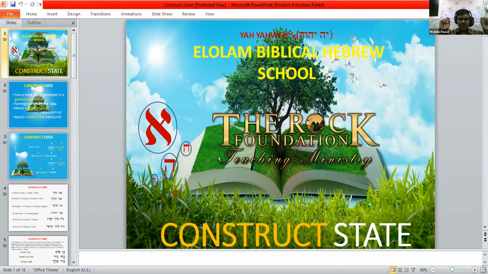I request all of you to repeat after me this sentence. It is very important. This is the best sentence from which the whole tree is going to grow. Say after me: when two or more nouns are closely connected in a genitive relationship, they form one compound idea.